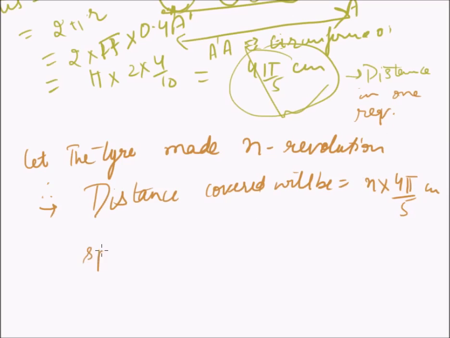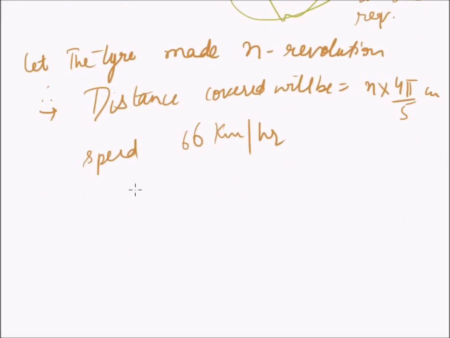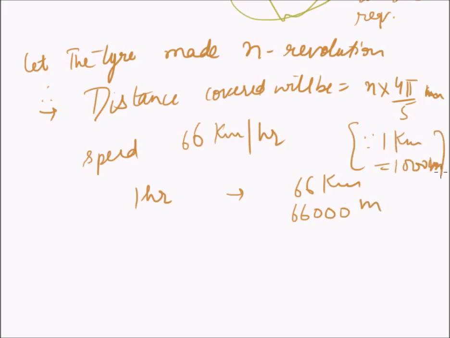Also the speed has been given as 66 kilometers per hour, that is in 1 hour we can travel 66 kilometers, or 66,000 meters, because 1 kilometer is 1000 meters. So in 60 minutes we have traveled 66,000 meters.